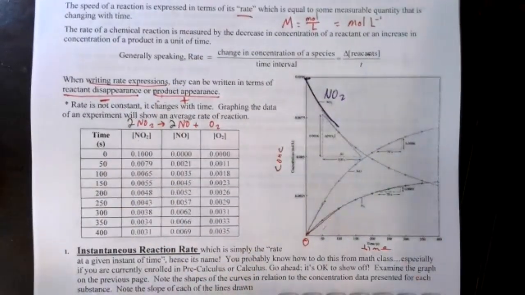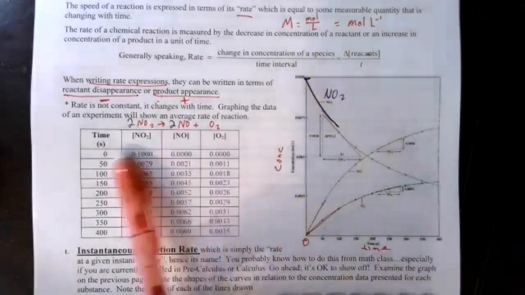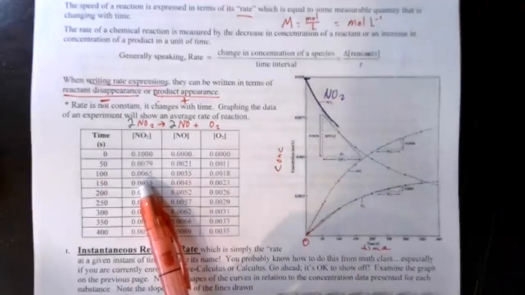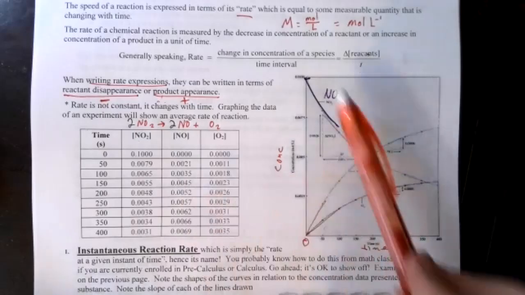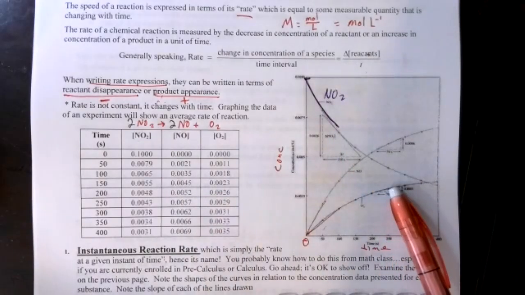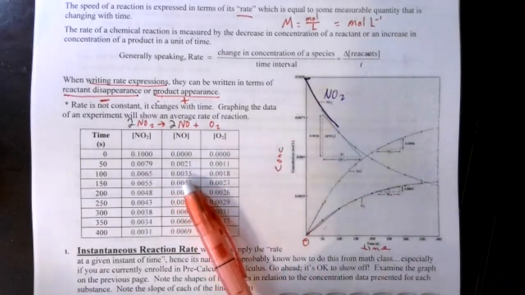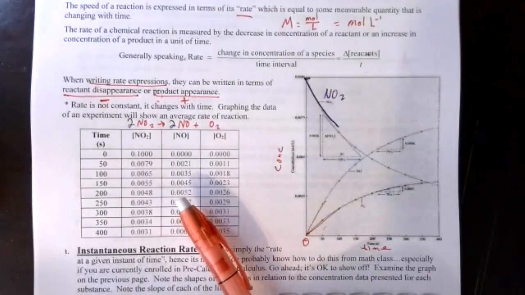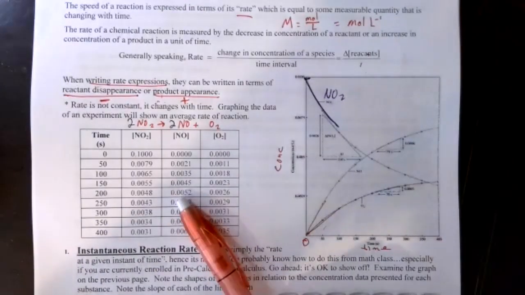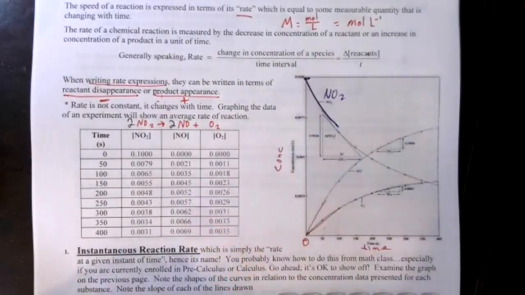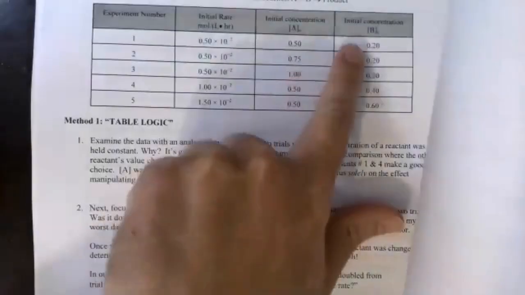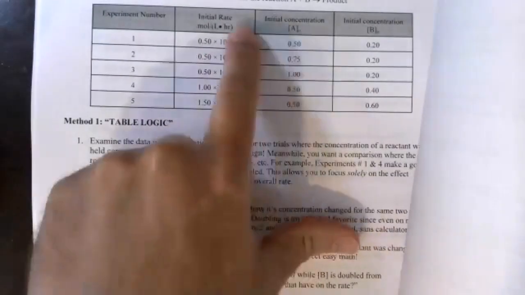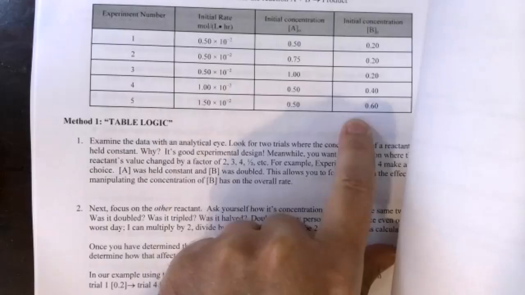So the way you're going to see problems like this is generally with a data set that you're going to have to interpret or with a graph that you're going to have to interpret. We will look at potentially graphing some of these later, but I'm thinking that with the test being so short this year that they're probably going to either give you data or they're probably going to have another type of reaction that we'll look at where we can compare specific things and not have to do the whole thing in a graphing calculator.